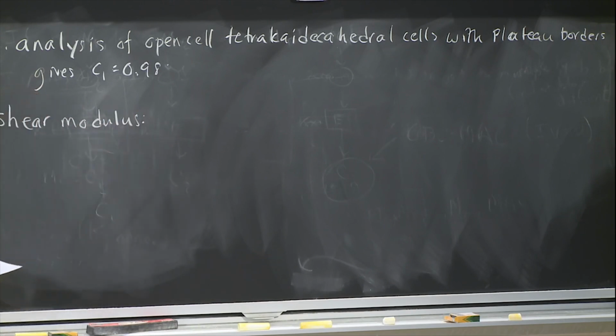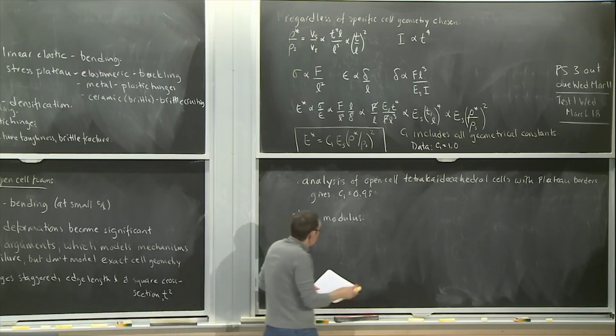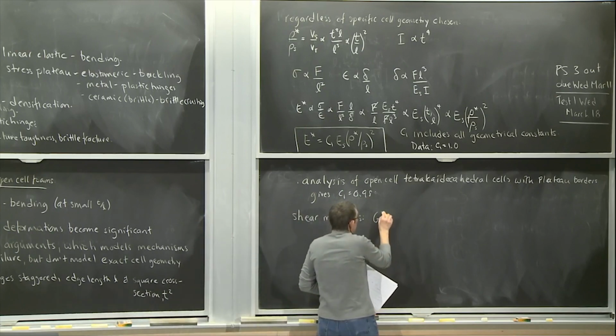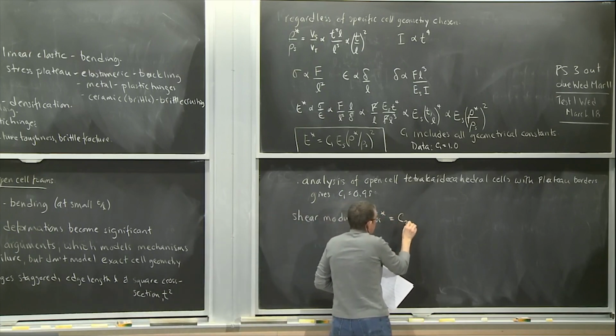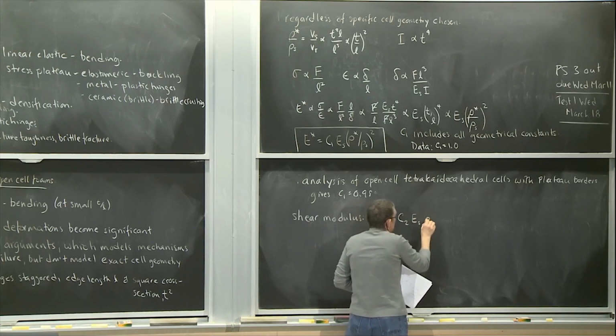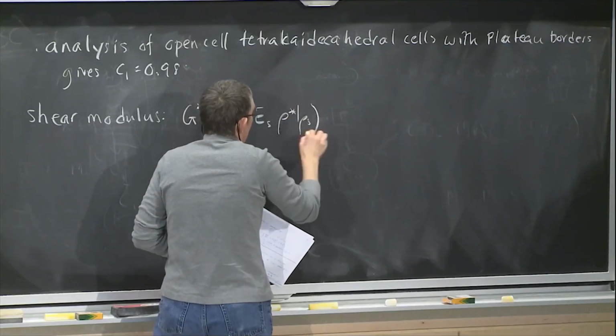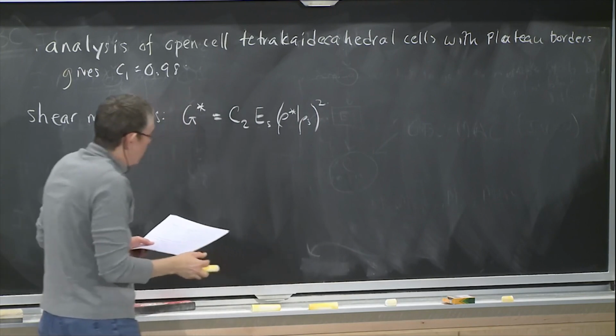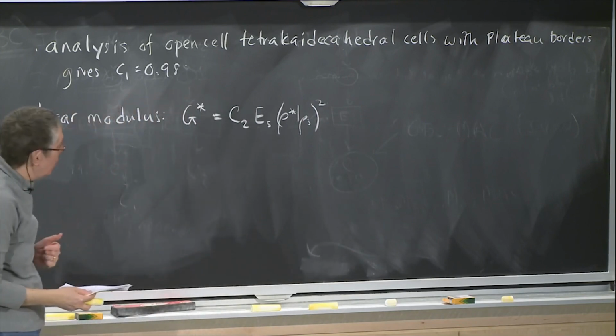We can also look at the shear modulus. The shear modulus is also going to be controlled by bending of the cell walls. And so the shear modulus is just going to be some other constant, C2, times Es times the relative density squared. So a similar kind of relationship, there's just a different constant.